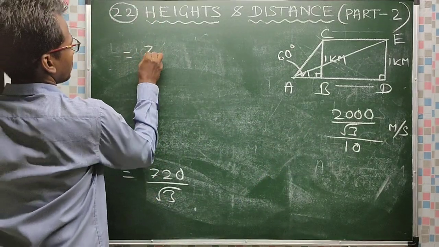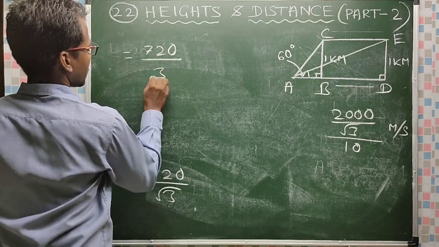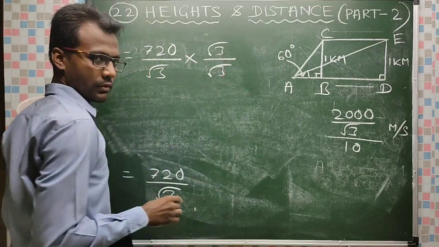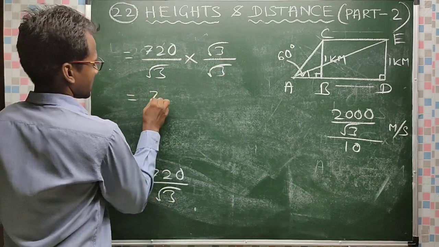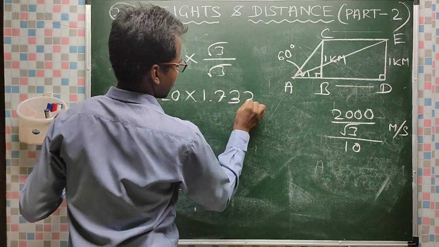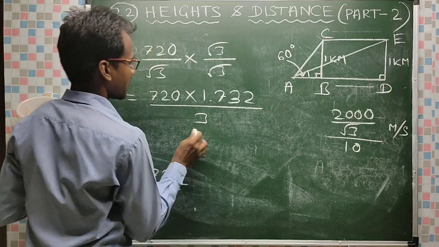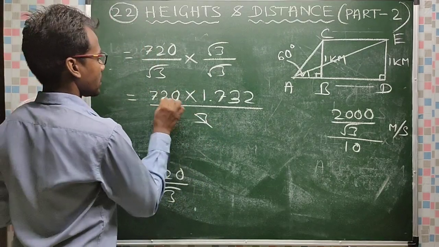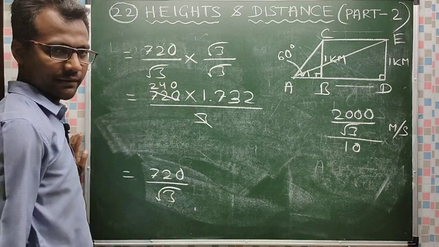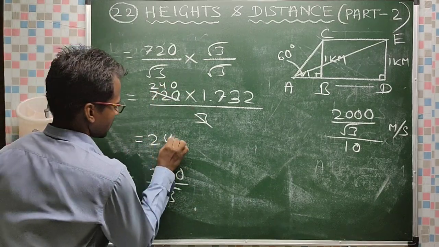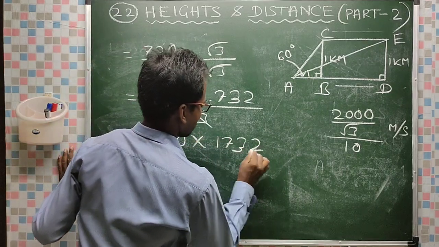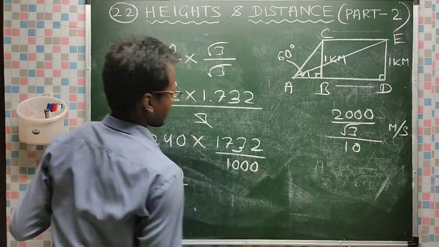That is equal to 720 by root 3 into root 3 by root 3. Okay, rationalize. So 720 into 1.732 by 3. Root 3 into root 3 is 3. 3 into 240 is 720. So 240 into 1732 by 1000.